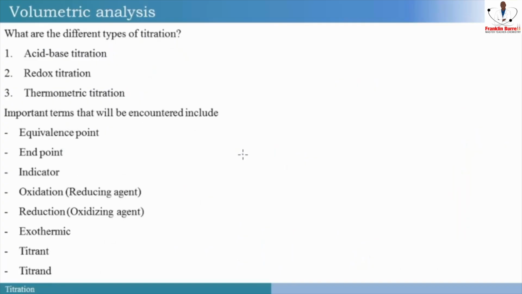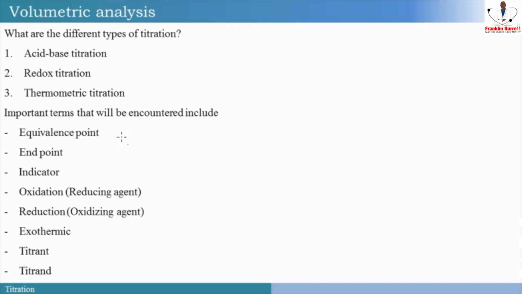We can now go into the different types of titration now that we know how to make up a standard solution. If I'm doing an acid-base titration, I would need to make up a standard solution. If I'm doing a redox titration, I would need to make up a standard solution, and the same thing for a thermometric titration.